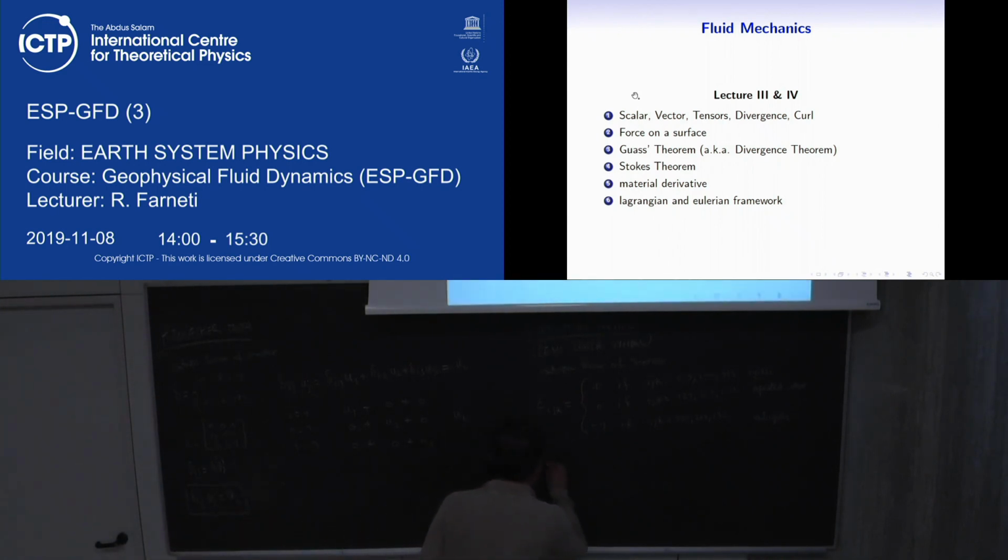So you can show that epsilon ijk is equal to epsilon jki, or epsilon kij, and epsilon ijk is minus epsilon ikj, because in one case it is 1, in the other case it is minus 1.